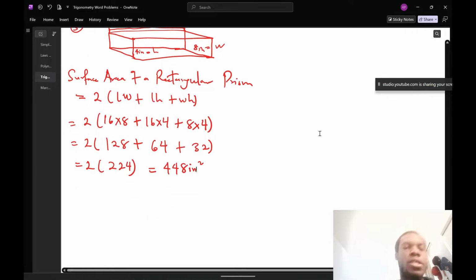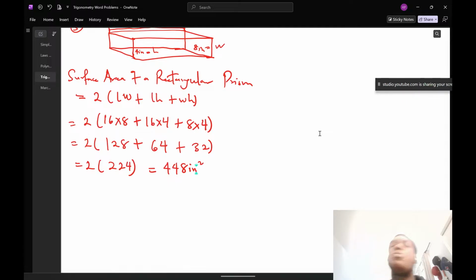Let's find the volume of this rectangular prism. The volume is just length times width times height.